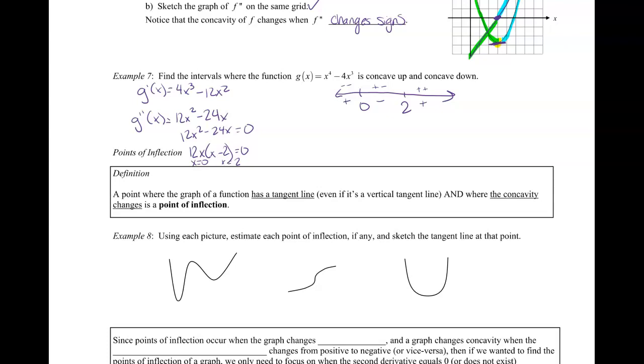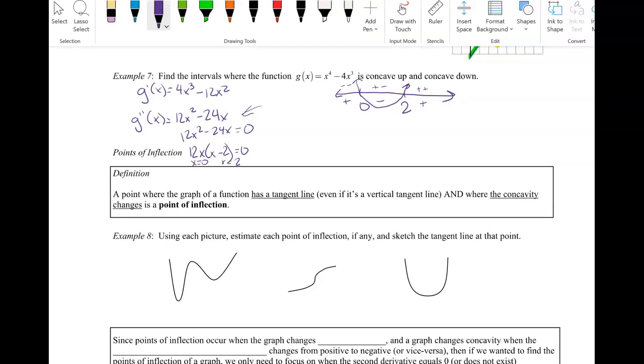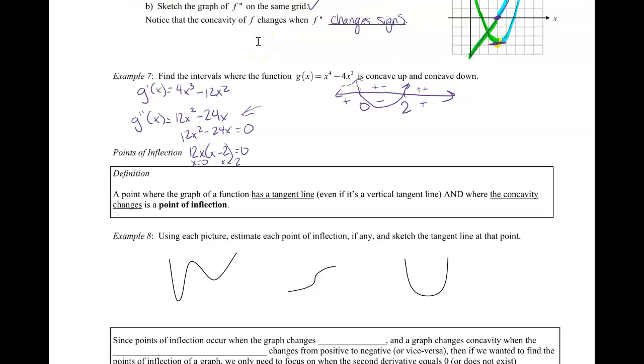Okay. And that makes sense because, well, that's a parabola if we look at that. So, should just be something like that if I'm looking at the graph of the double derivative. Not so bad.